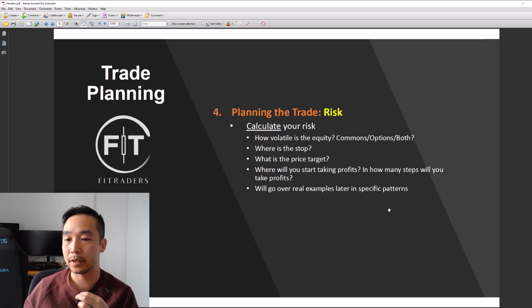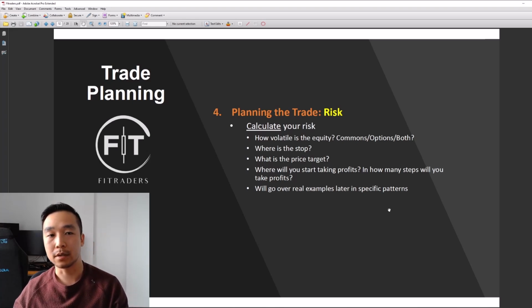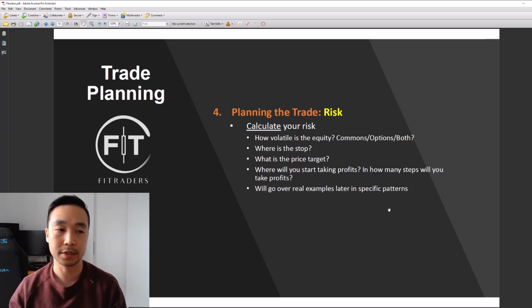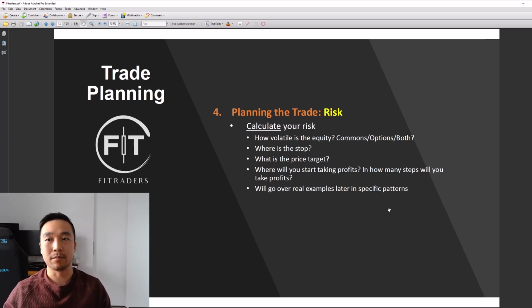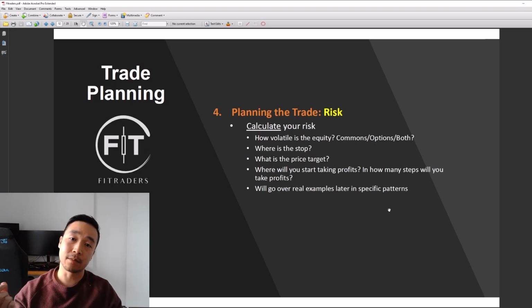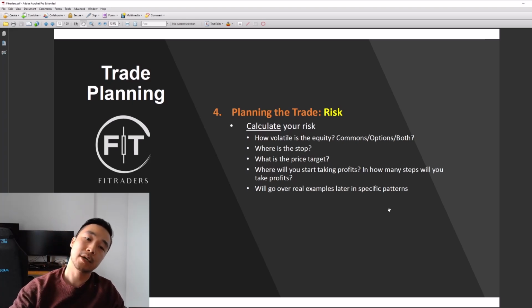This is important because for that risk to reward ratio to even be applicable, we need to know the probability of the play playing out. So you multiply your probability times your risk to reward to get the likeliness of it making that reward.